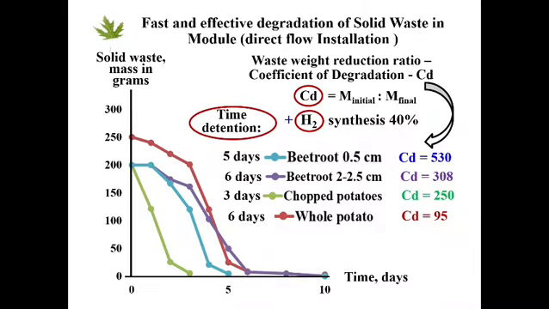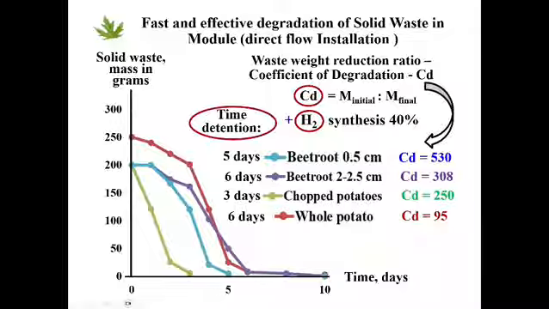I would like to emphasize that in the best modern biogas technologies, the detention time of substrate is close to 30 days. In our biotechnology, this detention time is no more than 6 days.